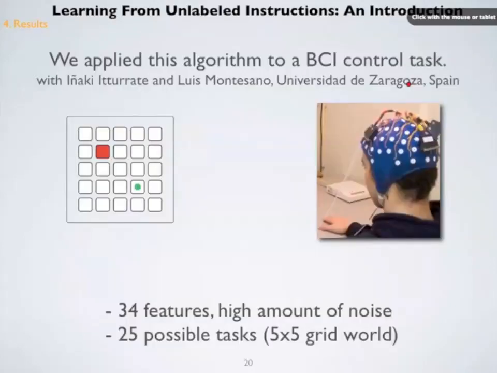We further apply this algorithm to different and more complex sources of signals. In this second experiment, done in collaboration with Iñaki Iturrate and Luis Montesano at Universidad de Zaragoza in Spain, we were using error potentials, which are in the brain. Those error potentials are assessing the actions of an agent in a grid world.